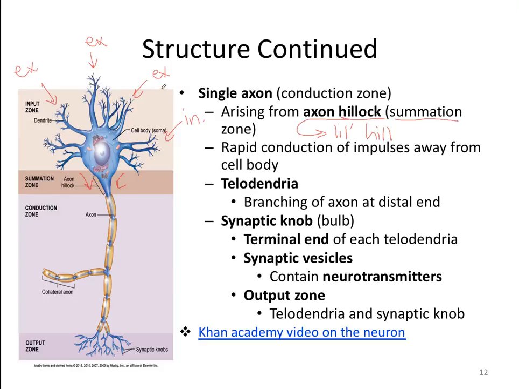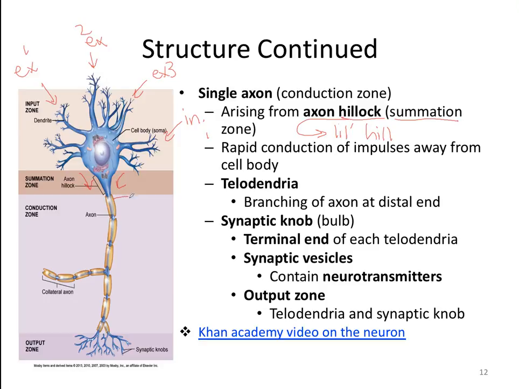If the majority of dendrites are being excited, those membrane potential changes will be added up in the axon hillock, and in this case, we have a 3-to-1 ratio, so excitation wins. So this neuron is going to produce an action potential down the axon.